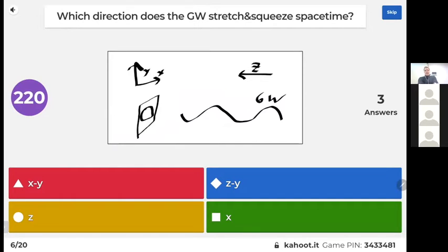So the question is, which direction does the gravitational wave stretch and squeeze space-time? If the question is not so clear, feel free to just ask for clarifications. It's not shown who votes for what, so we basically have only the statistics at the end.